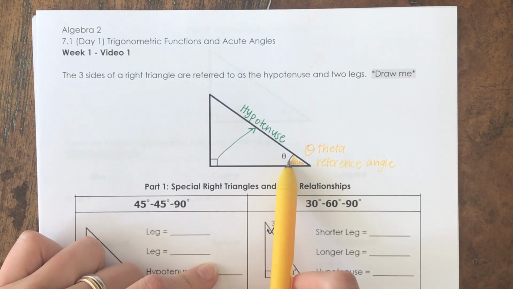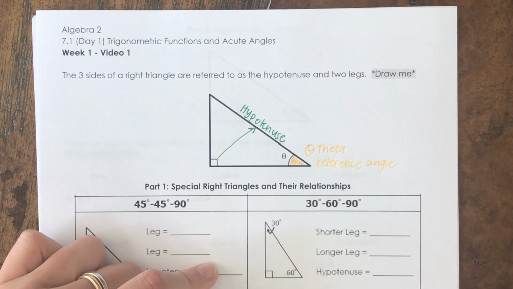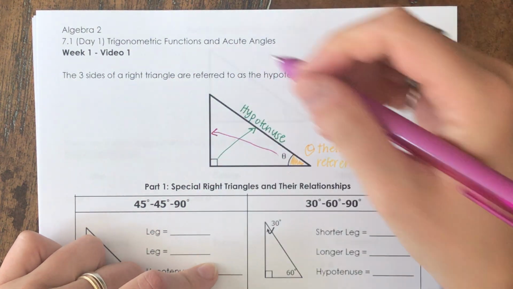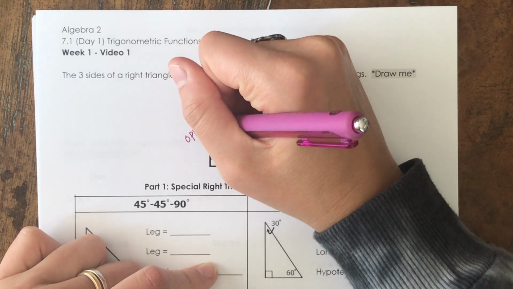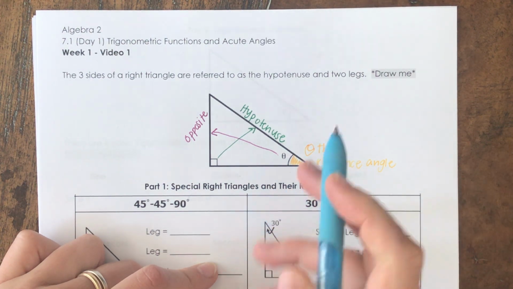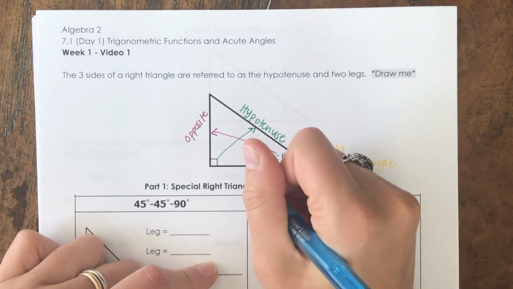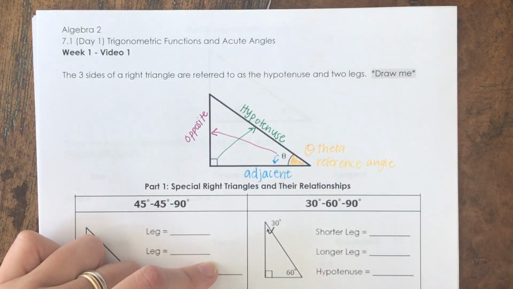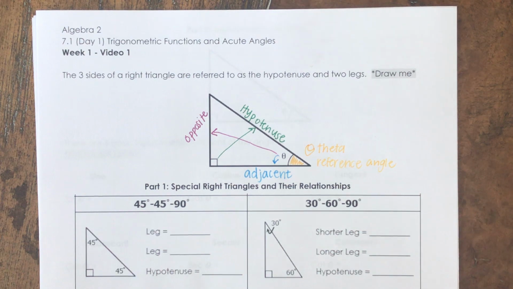If I go straight across from that angle, this side over here is called the opposite side, which makes sense, right? And the other one is the one that's right next to theta, right over here. It's touching it. This is called the adjacent side, which I'm sure you probably remember from your geometry days.